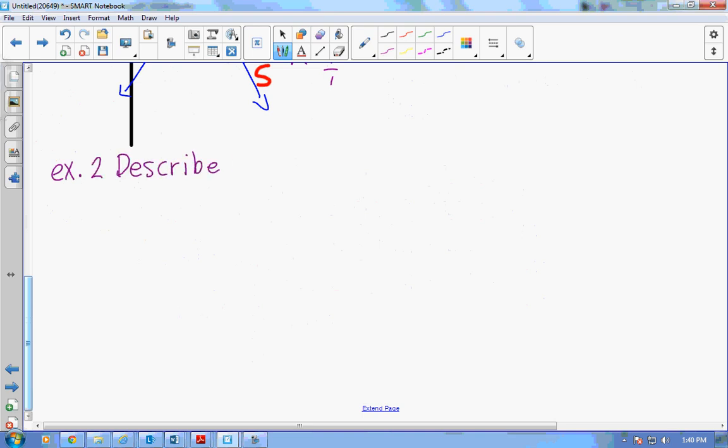Describe the translation. Translation is a fancy word for shift. There's an F in there too. I'll do just one first. We'll label this 2 part A.